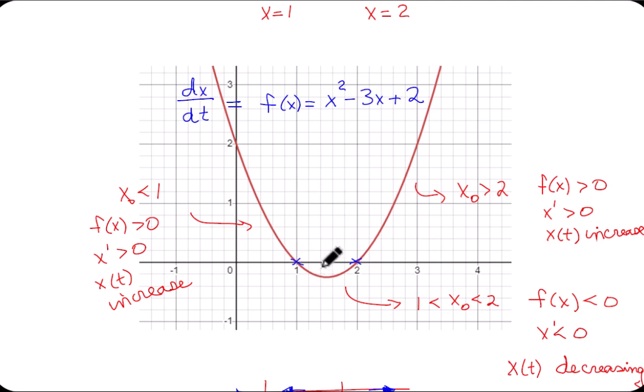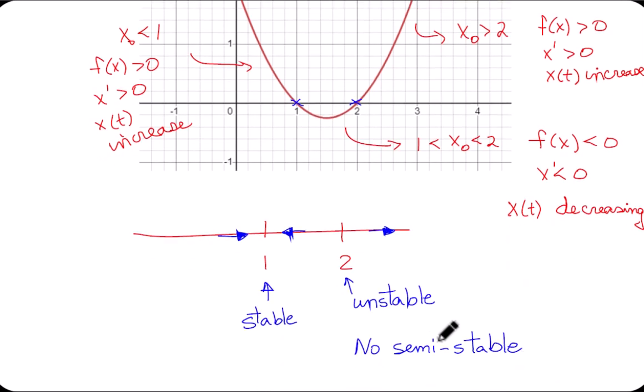If I start in between 1 and 2, in that case, my function is negative, so the derivative is negative, which means my solution will be decreasing. So putting all that together in a picture here, under 1, we reach 1. Above 1, we decay toward 1. Around 2, though, notice things are moving away from 2, so it is unstable.